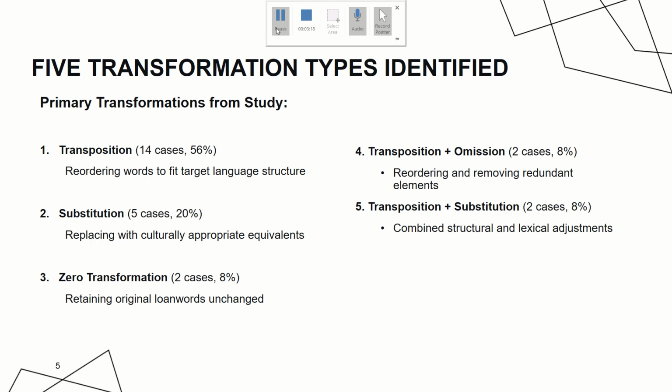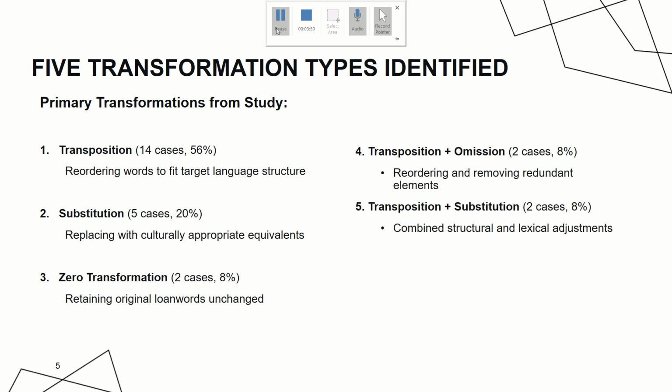This involves reordering words to fit the target language structure. 2. Substitution, 5 cases, 20%, replacing terms with culturally appropriate equivalents. 3. Zero transformation, 2 cases, 8%, retaining original loan words without change.